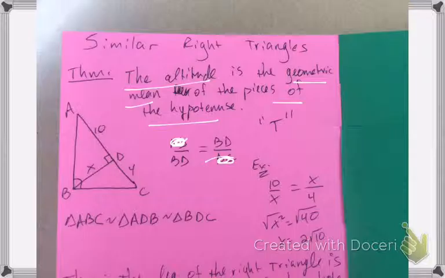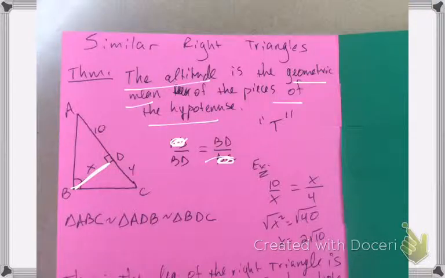You have to think back to us doing geometric mean before. It's the geometric mean of the two pieces of the hypotenuse. When you draw this altitude in, it hits the hypotenuse and creates two pieces, there and there. That's what we mean by pieces of the hypotenuse.